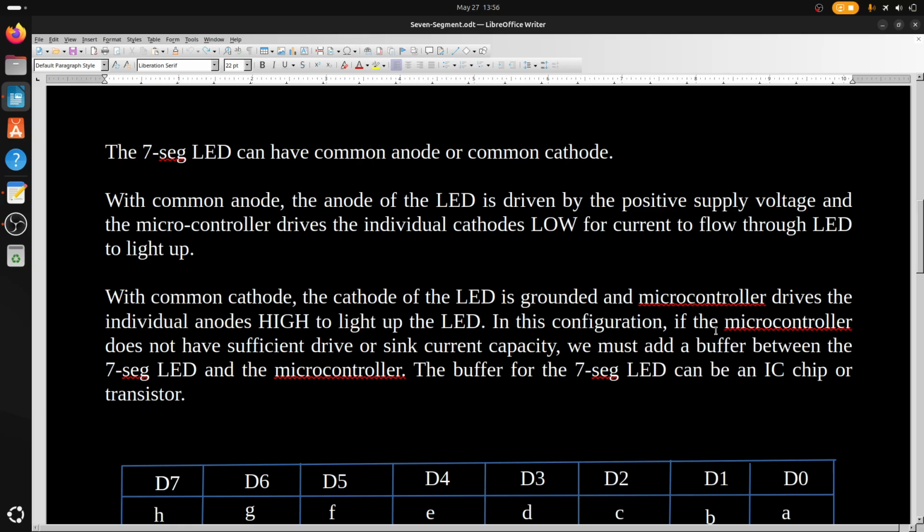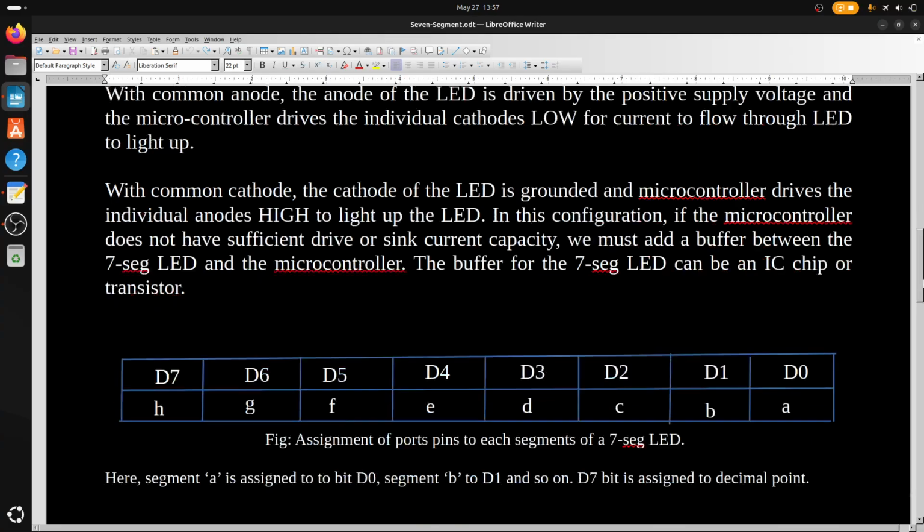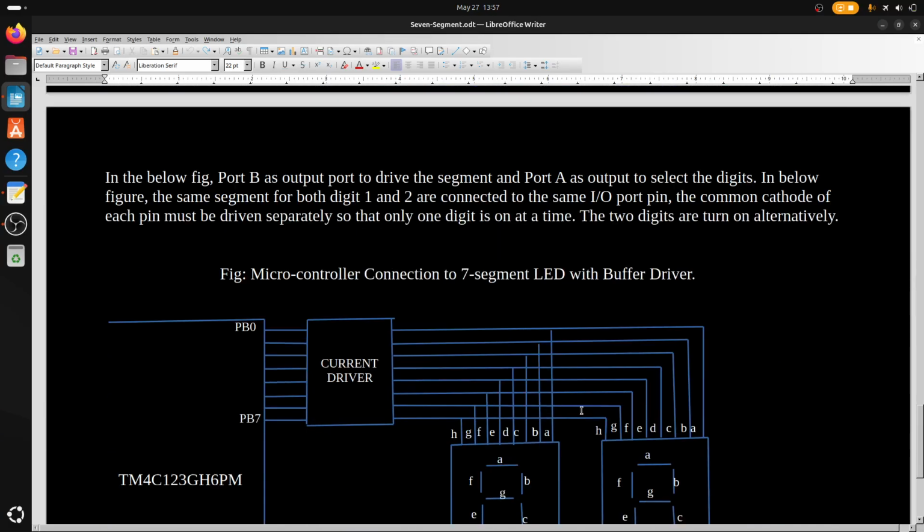In these configurations, if the microcontroller fails to supply sufficient power to the 7-segment leads, then you should use a buffer between the 7-segment leads and the microcontroller, like this.